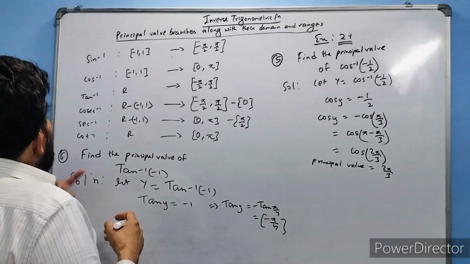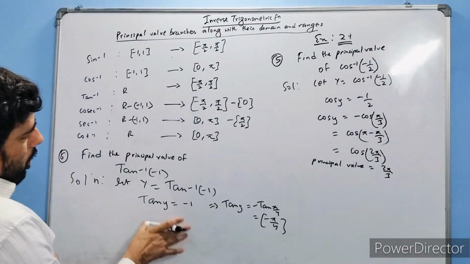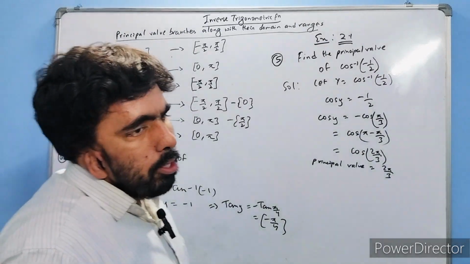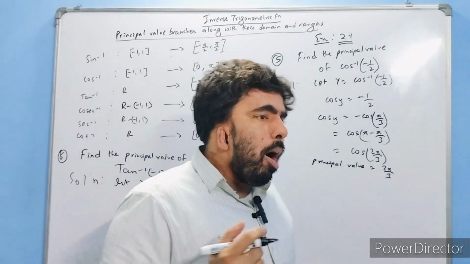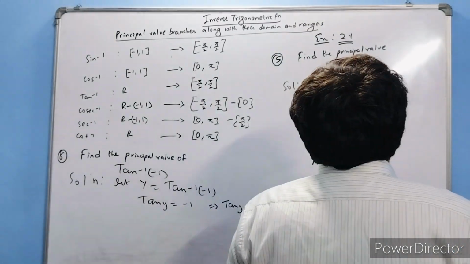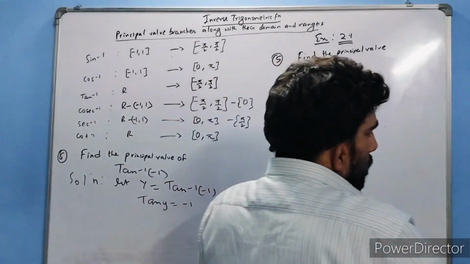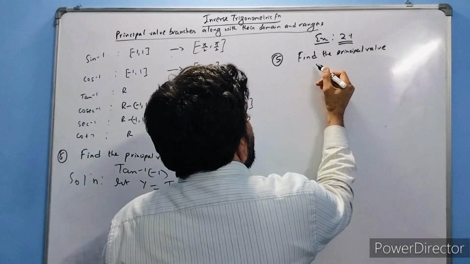As you all know, in tan inverse, minus pi by 2 to pi by 2 is the range of this function. Now let us try to find the principal value of another function. So very easy, we can find it now.